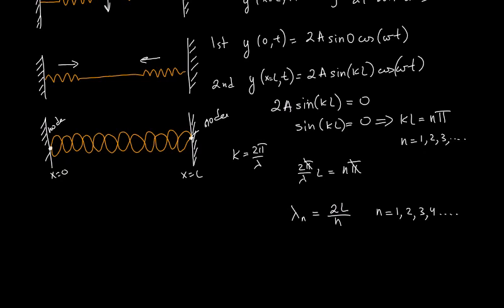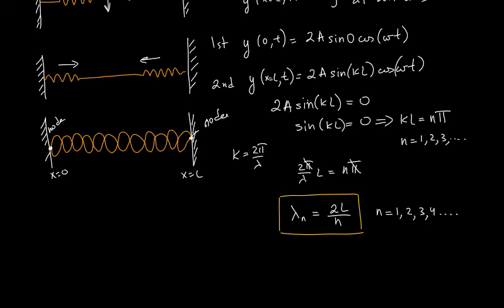We are not using n equals 0 because λ cannot be infinite. So a standing wave can exist only if its wavelength equals 2L over some integer.